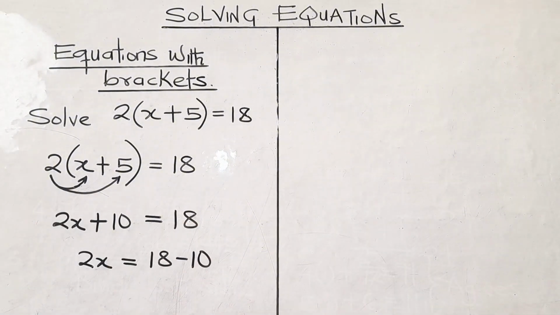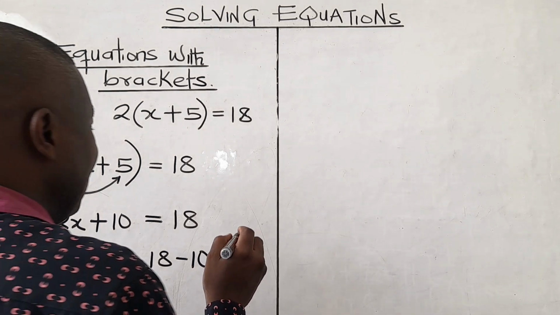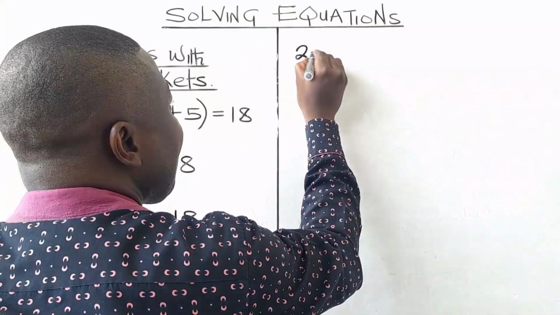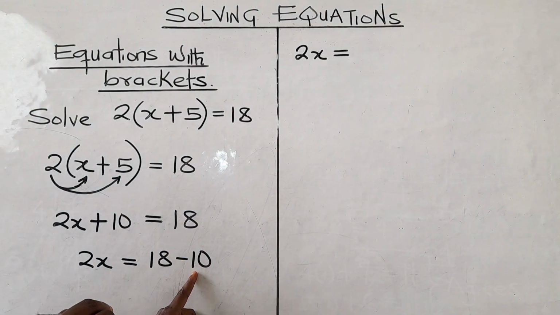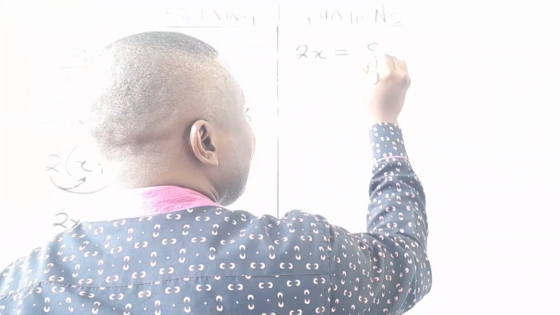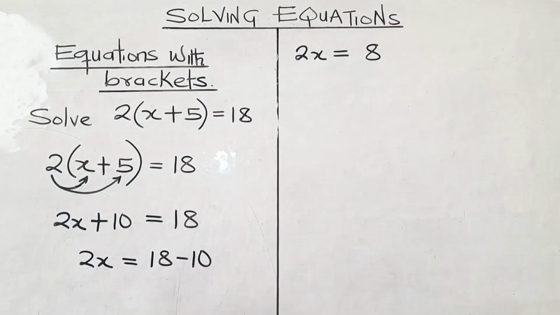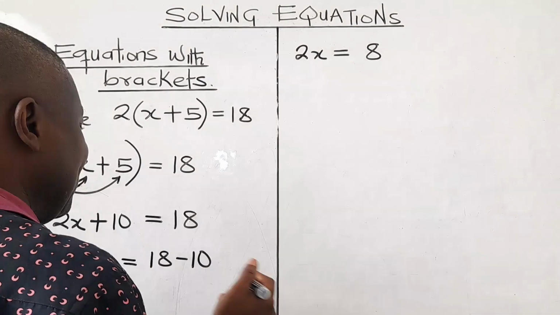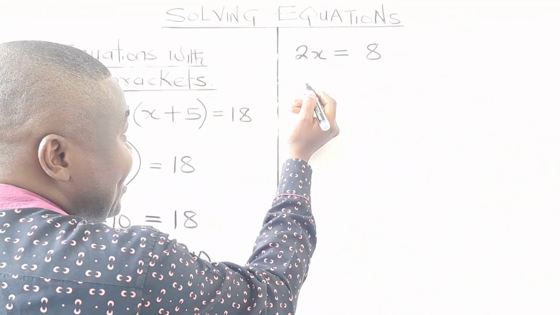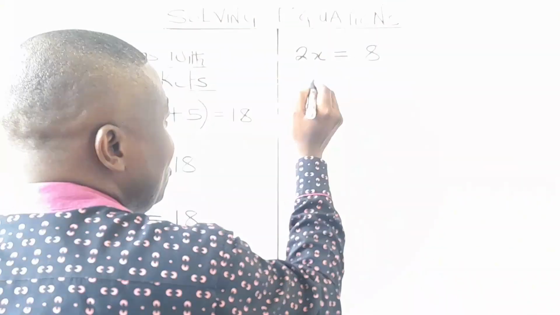Let's go over to the other part of our board. So you have 2x equal to 18 minus 10, which is 8. Now we have arrived at another point where we need to do something. Like we have always said, we divide both sides by the coefficient of x, which is 2.